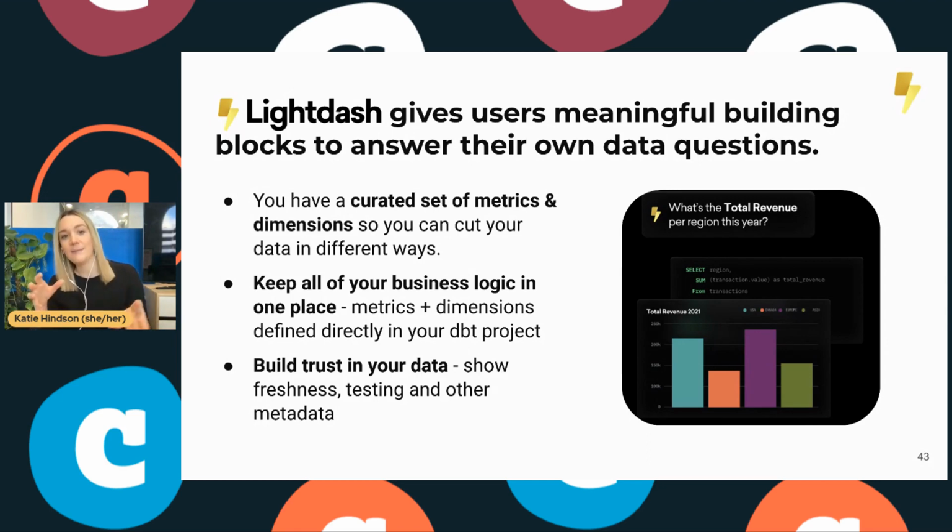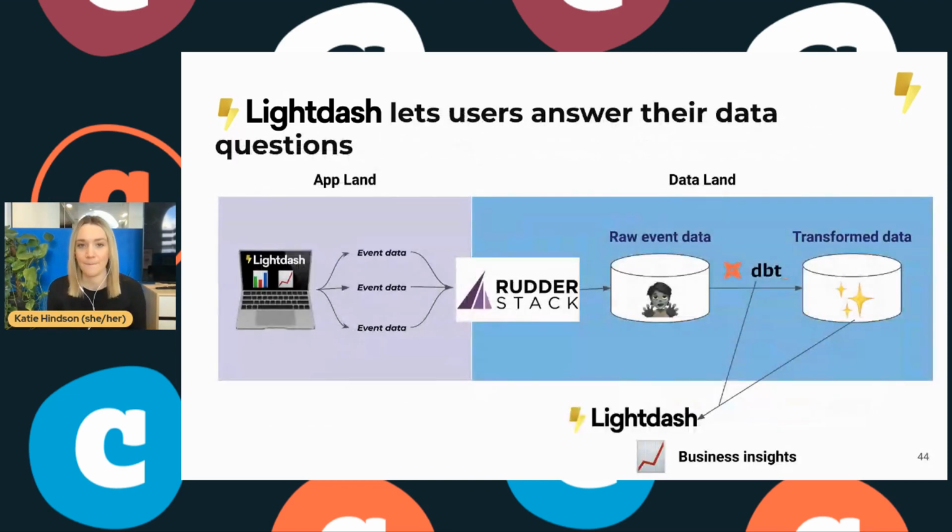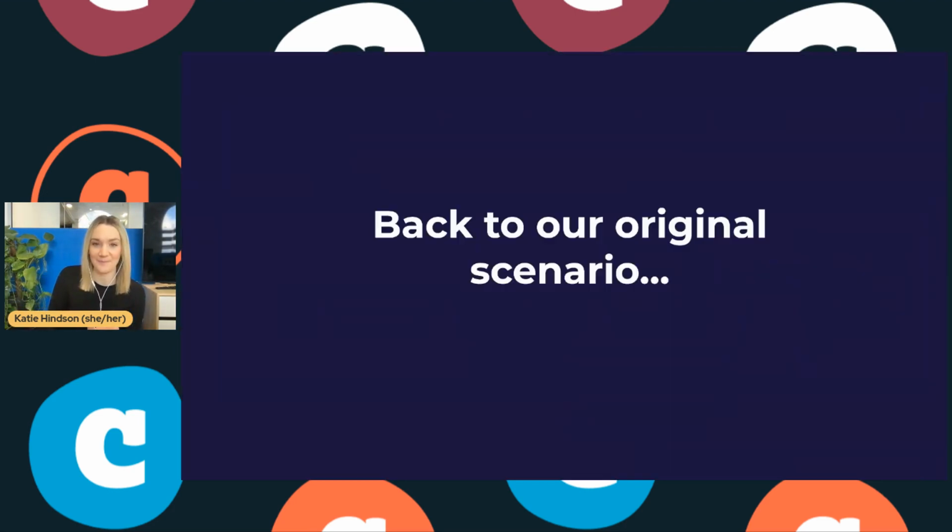The other great thing is because we're plugged into your transformation layer, we're able to pull in all this rich metadata and add it to Lightdash to help you build trust in your data. So Lightdash hooks up to our DBT project and our transformed data and gives people the building blocks that they actually need to answer their own data questions using your company's data.